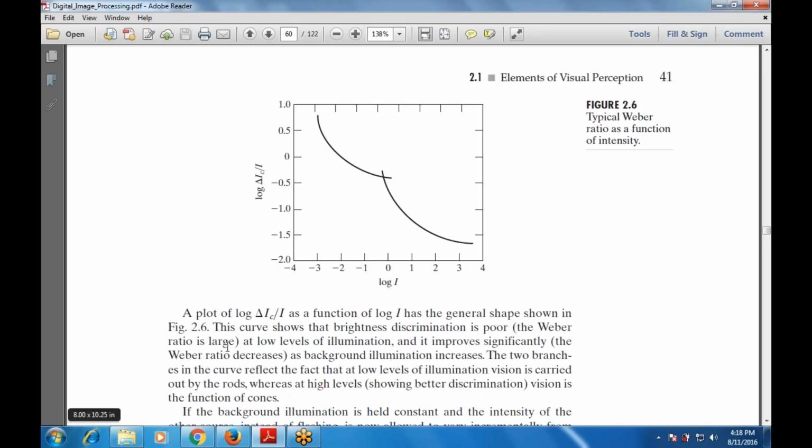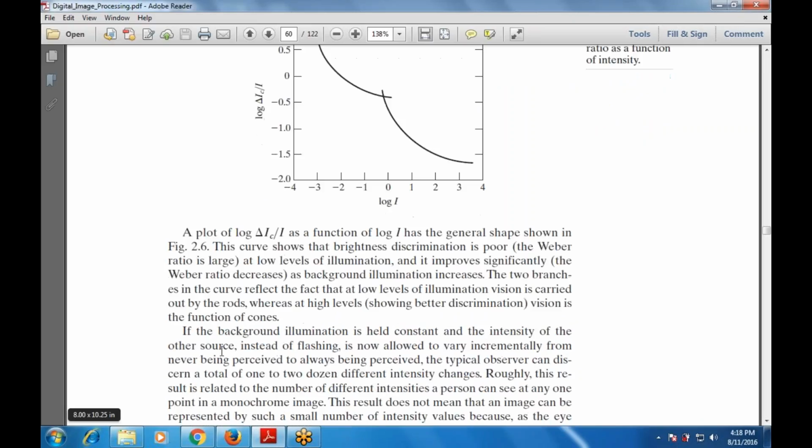And that has a general shape that is shown in figure 2.6, and this curve shows that the brightness discrimination is poor, the Weber ratio is large, at a low level of illumination, and it improves as the background illumination increases. And if the background is held constant and the intensity of the other source is used instead of the flashing, that is also not allowed from never being perceived.